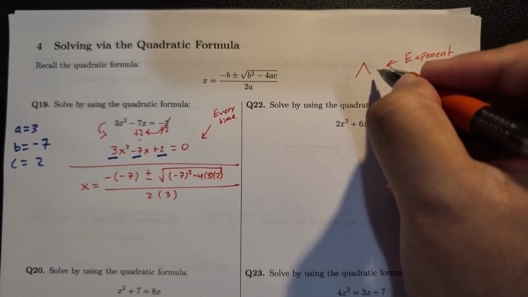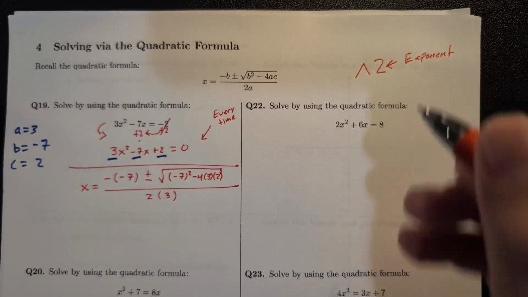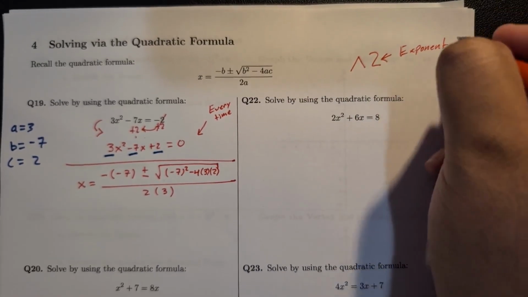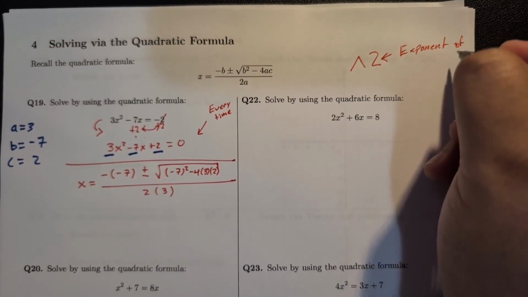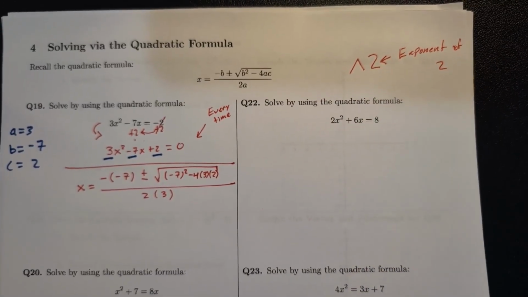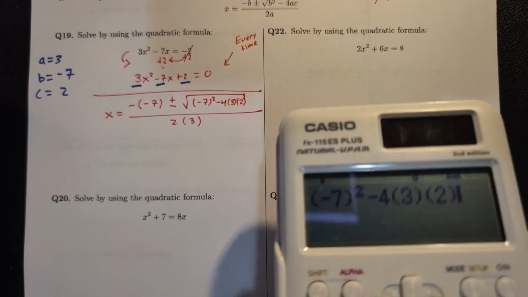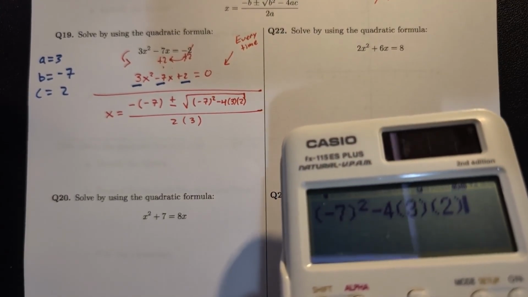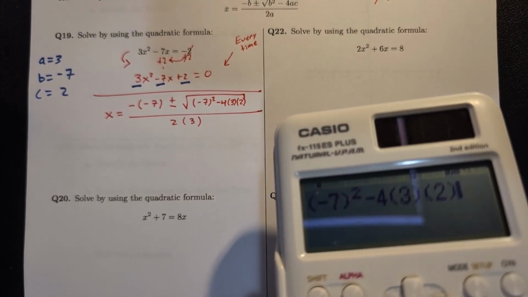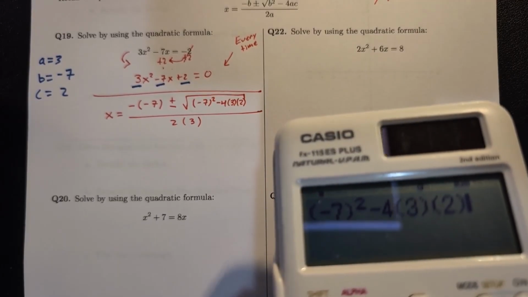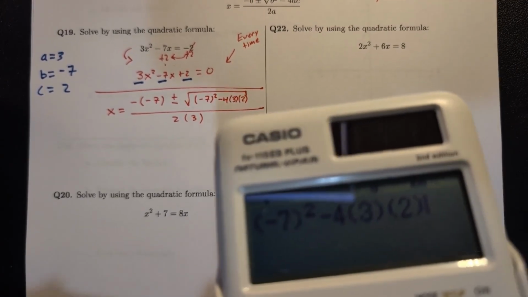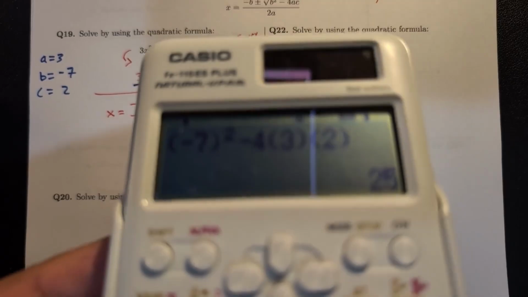You would press that arrow and then 2 afterwards, so that would be an exponent of 2. But anyways, make sure to type in all of the parentheses correctly. We did not plug in the square root. We only plugged in the inside of the square root. Press enter. We get 25.